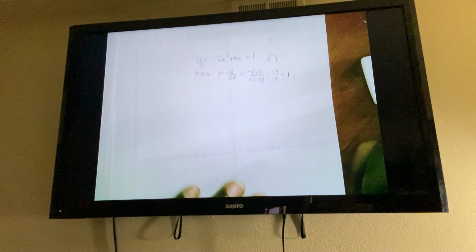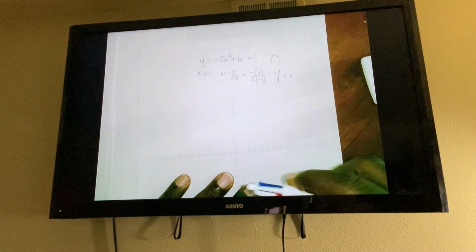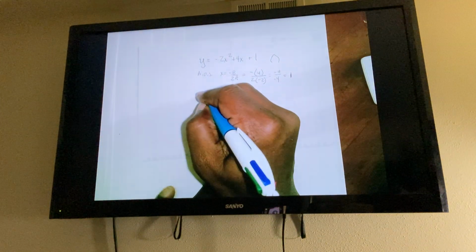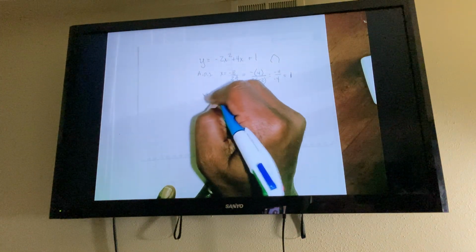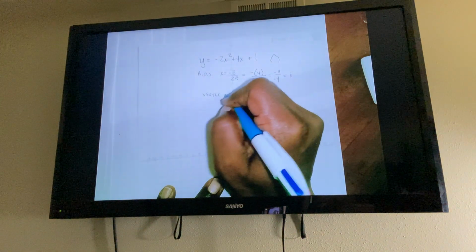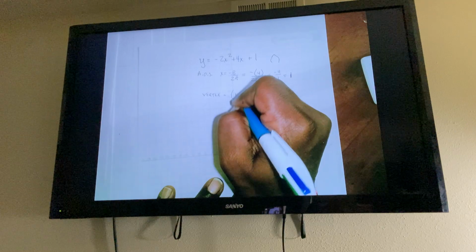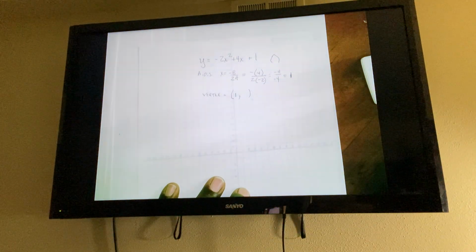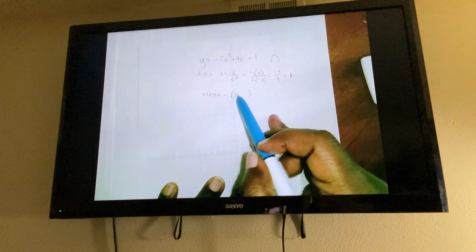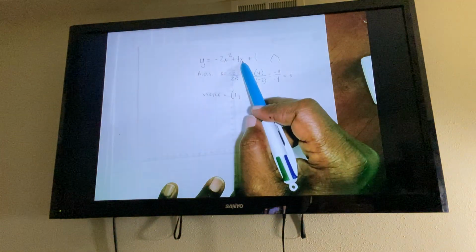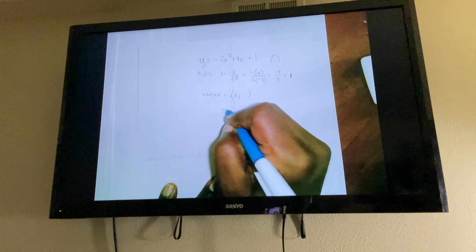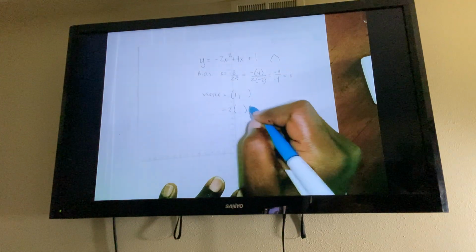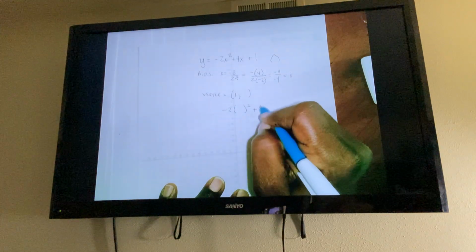We also know now we can find out the vertex, okay? And the vertex is whatever we had for x, which was 1, and we need to find y. And how do we do it? By plugging 1 back into our original equation, so negative 2. Remember your parentheses.